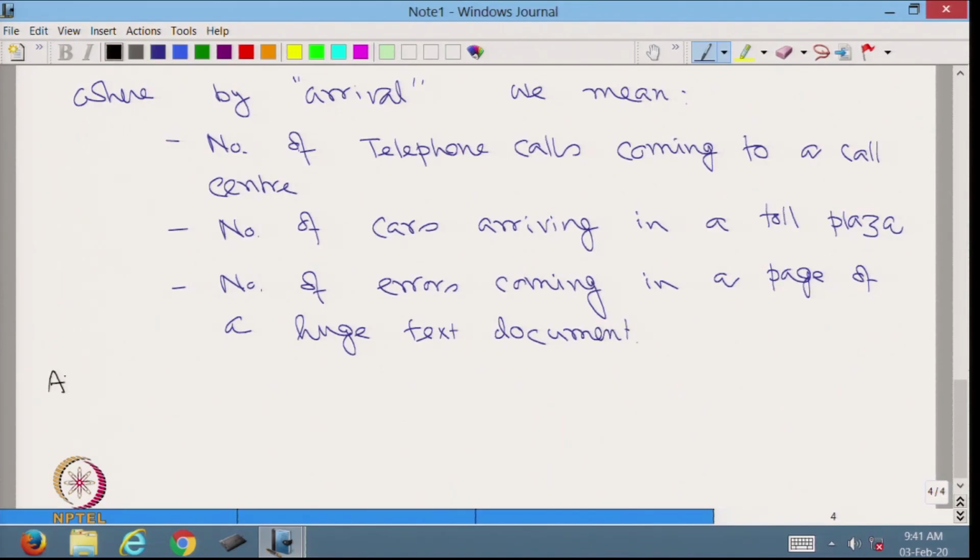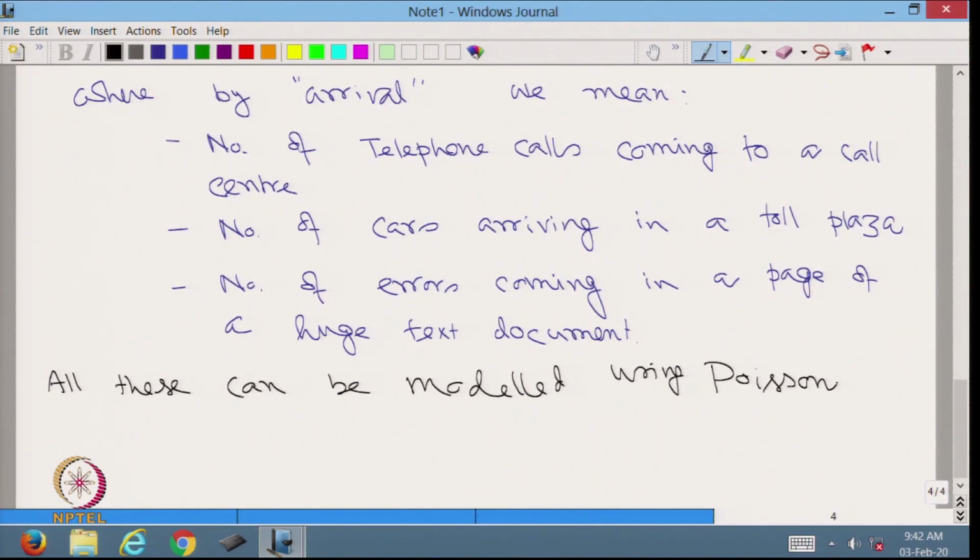All these can be modeled using Poisson process under certain assumptions.